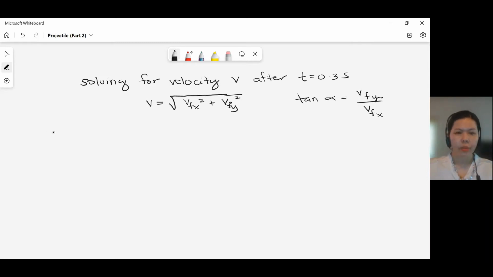So we use our equation 3.4, the one we derived, to get vfx, the final velocity along the x at 0.3 second.